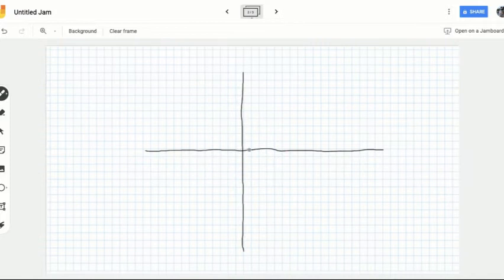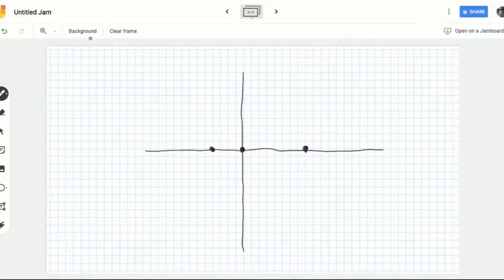So x equals 0 is right there. X equals -4, 1, 2, 3, 4. And then x equals positive 8. So 1, 2, 3, 4, 5, 6, 7, 8.